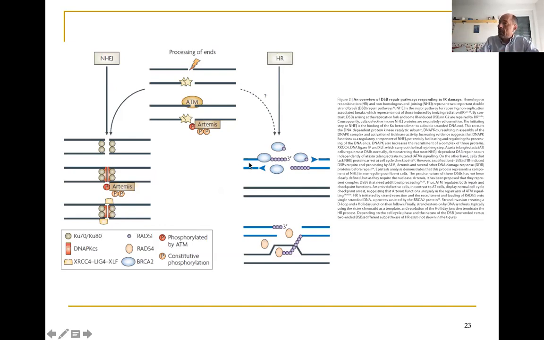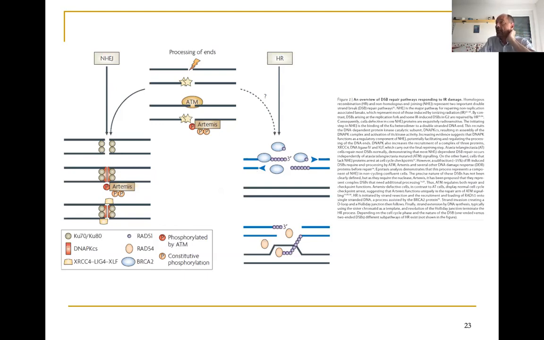The proteins involved are also different. There is ATR instead of ATM. There are other proteins like RAD54 and BRCA2, which is involved in breast cancer, that are not involved in non-homologous end-joining. So it's a different mechanism, and it is very accurate, but also very slow.